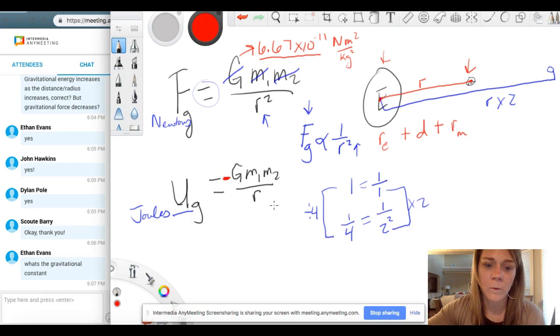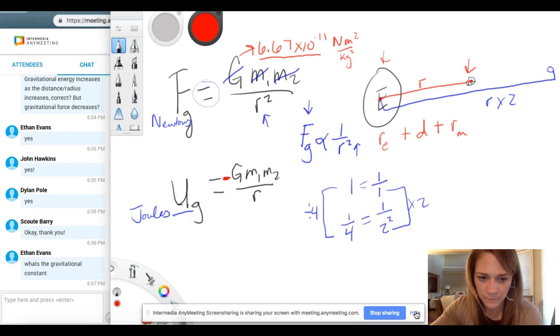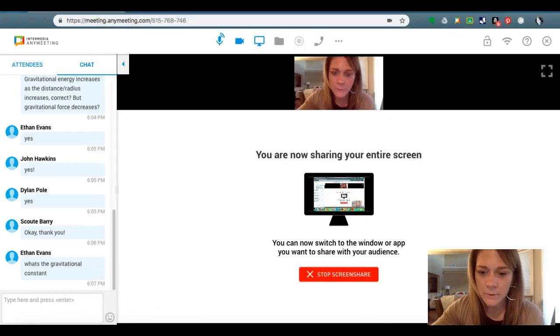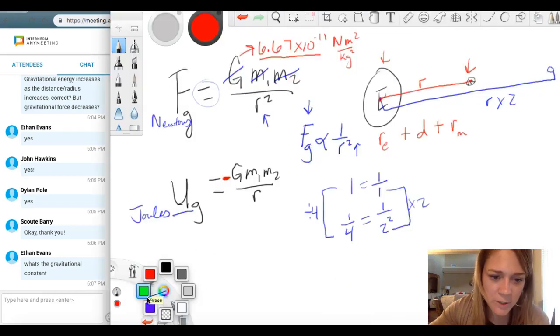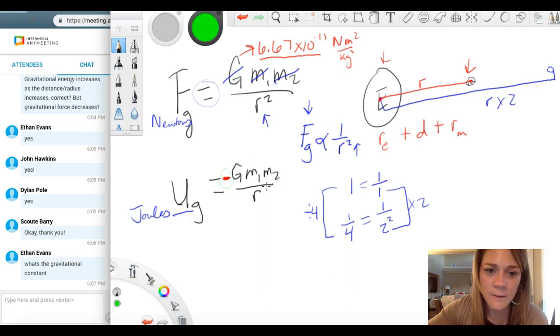Okay? The only difference we see between the two equations is this negative sign and the fact there is a squared value there and there's not a squared value there.